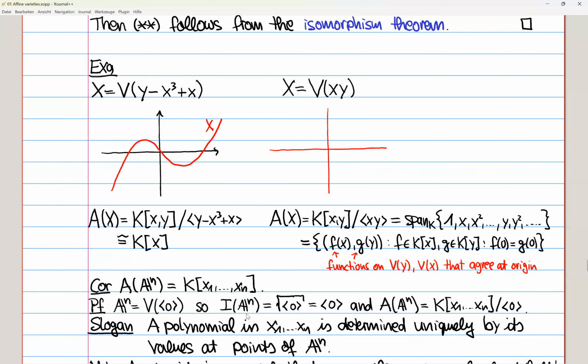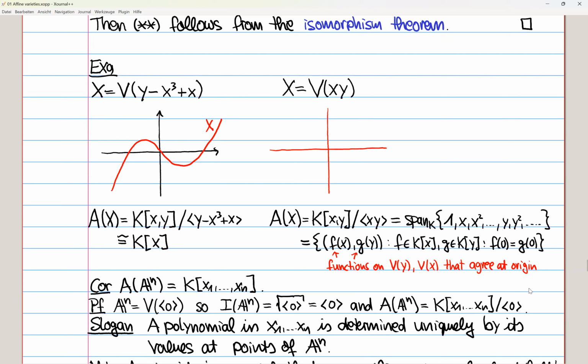And so the ideal of A^n, if you like, throwing the whole Nullstellensatz at it, is the radical of the 0 ideal. But the 0 ideal in this domain is a prime ideal, and so its radical is itself. This doesn't change anything. And so the coordinate ring, or the ring of polynomial functions on A^n, is just k[x1,...,xn] modulo the 0 ideal. Modulo 0 doesn't change anything. So this proves the corollary.